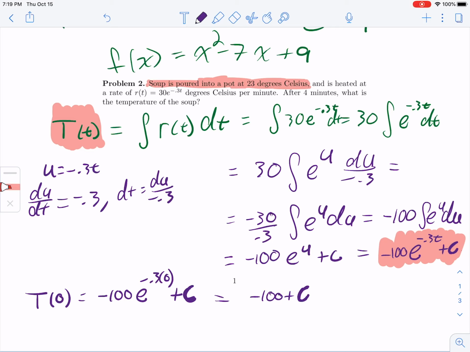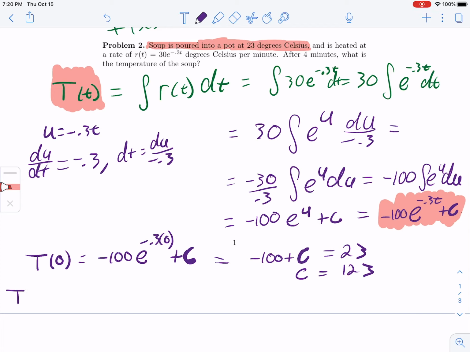And this is our initial temperature, so it's equal to 23 degrees, so we get c is equal to 123. And there's our temperature function, T of t is negative 100 e to the negative 0.3 t plus 123.